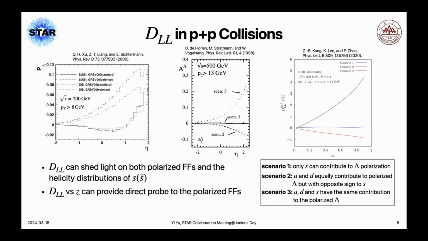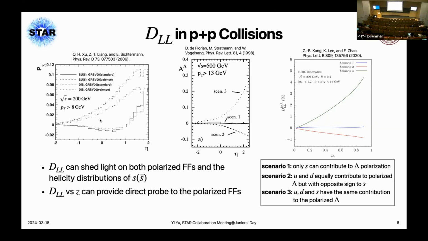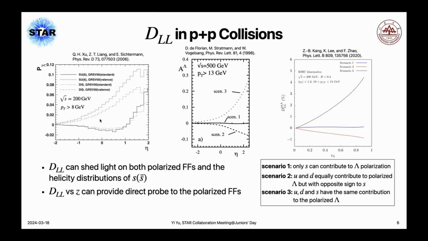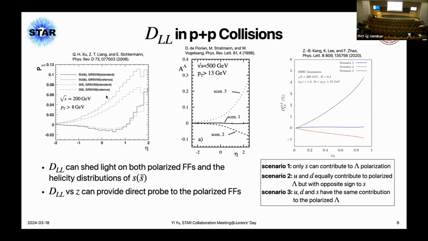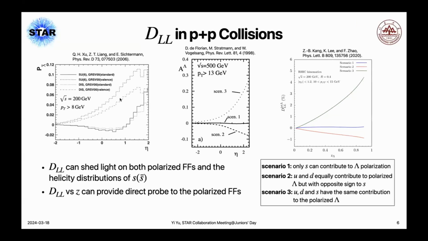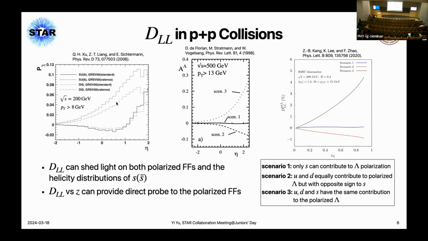And there are some theoretical studies on the DLL at RHIC energy. The left plot considers the polarization of the lambda with different parameterizations of the helicity distributions. As we can see, the different parameterizations give you some different lambda polarization.